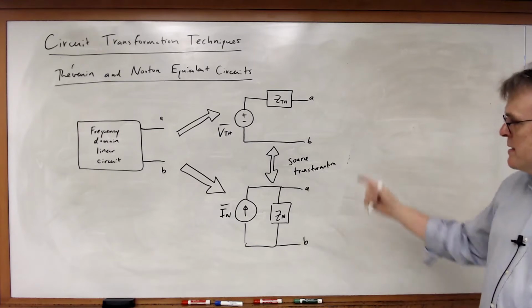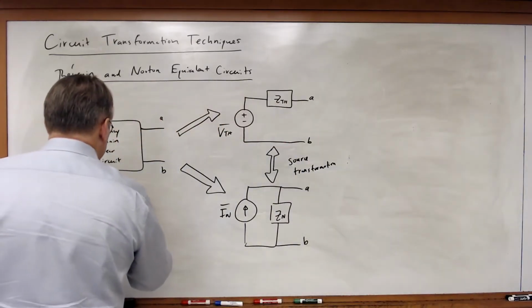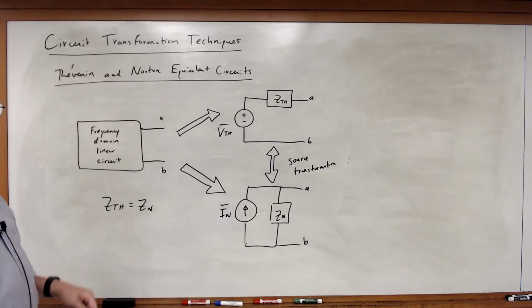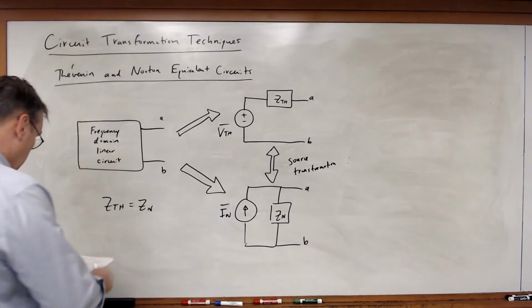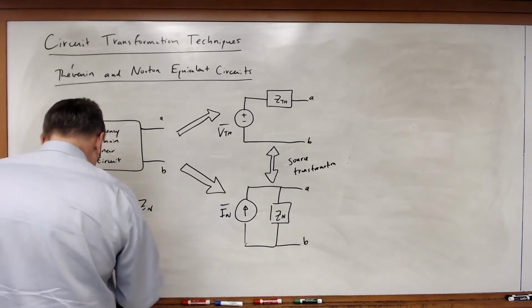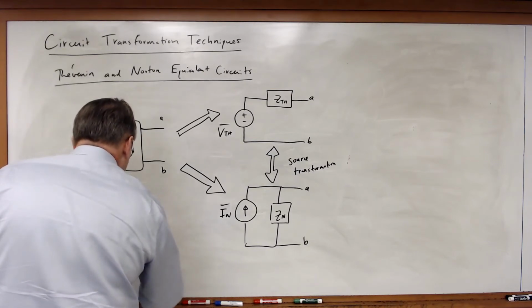So in this case, ZTH will be equal to ZN. The Norton and Thevenin equivalent impedances are the same. And IN is equal to VTH over ZTH.